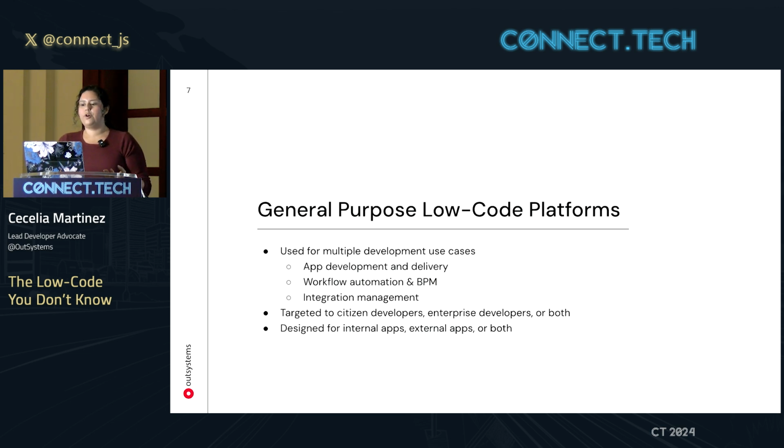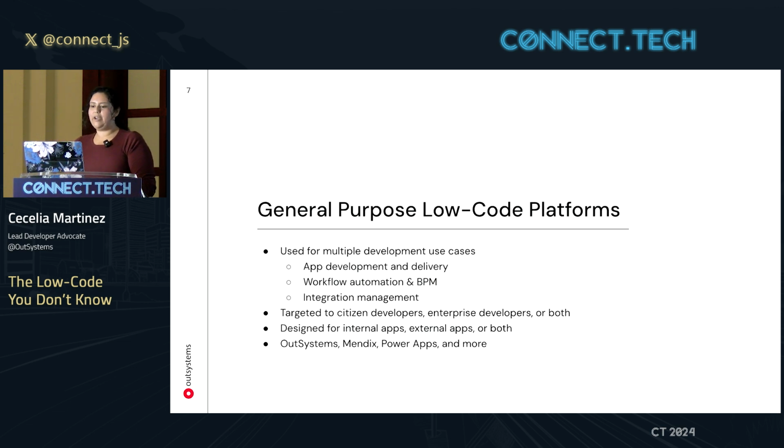Other times you can use low-code platforms to build externally, which means it's going to be for actual business users or your customers, anybody who's not in your organization. And that's where you have to incorporate more security measures and things that are outside of your ecosystem for authentication. So again, some examples of a general purpose low-code platform are OutSystems, Mendix, and Power Apps.